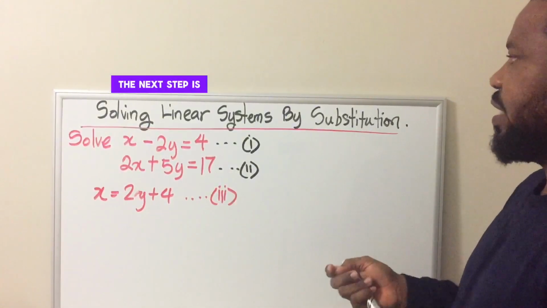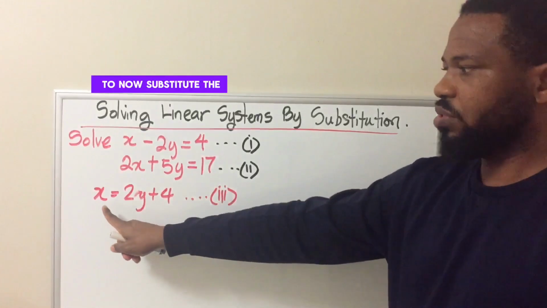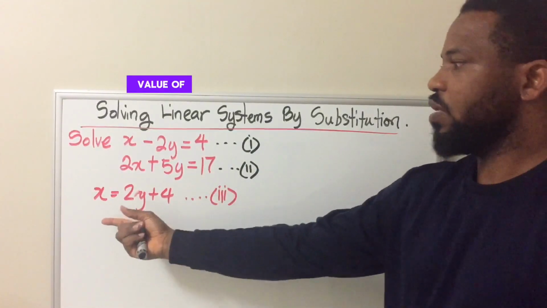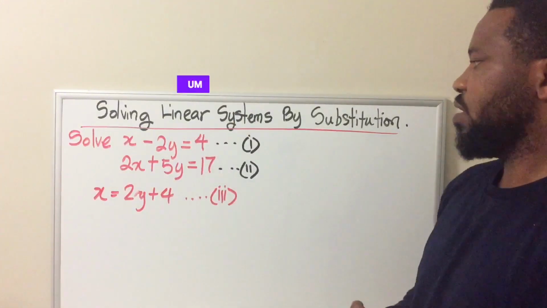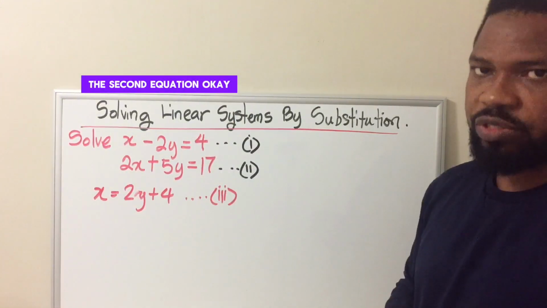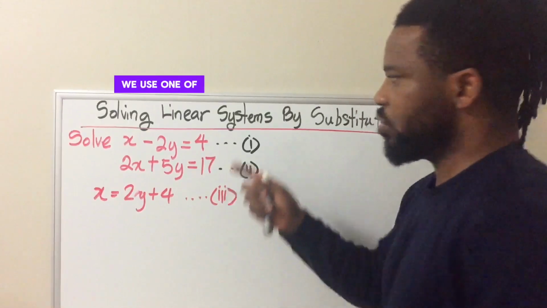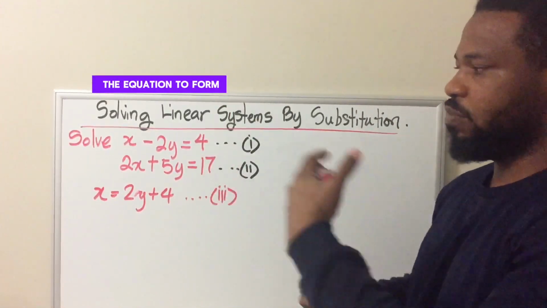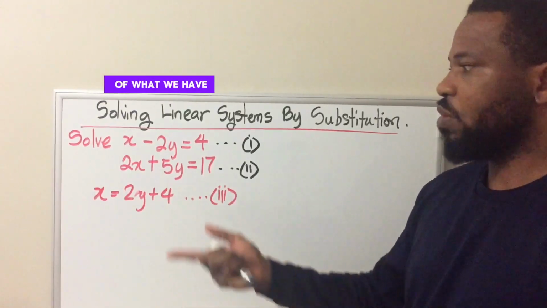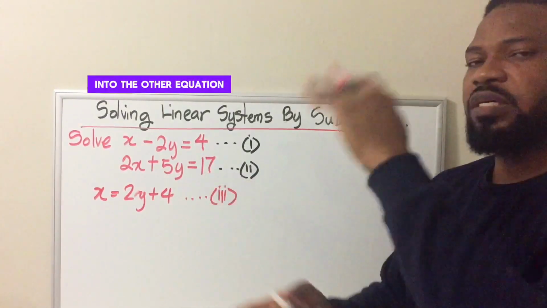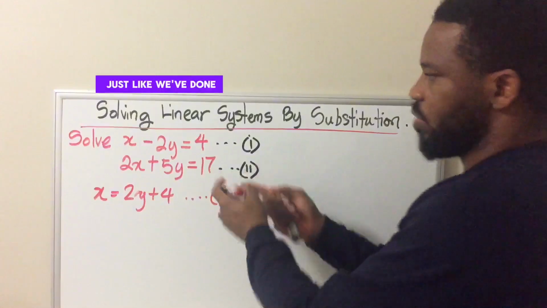Having done this, the next step is to substitute the value of the variable x into the second equation. We use one of the equations to form the third equation and substitute the value of what we have into the other equation, just like we've done here.